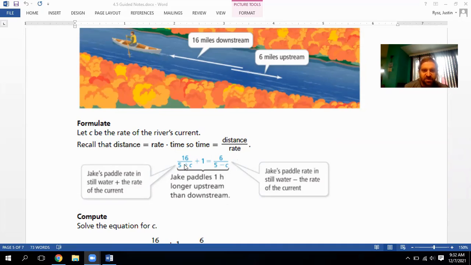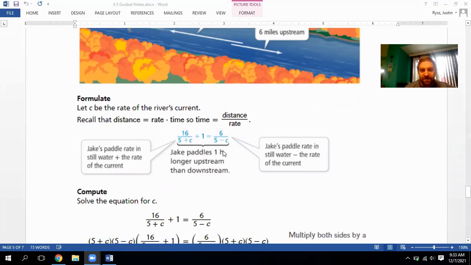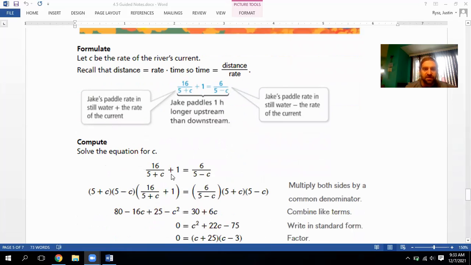So we can actually set up two equations here. We can say, hey, if we had 60, which is the distance, over 5 plus c, so his standard paddling speed plus the current, plus another hour, that would equal his upstream distance, 6, divided by 5 minus c. So he's losing that. We can see what the denominators are missing here. This one's missing a 5 minus c.